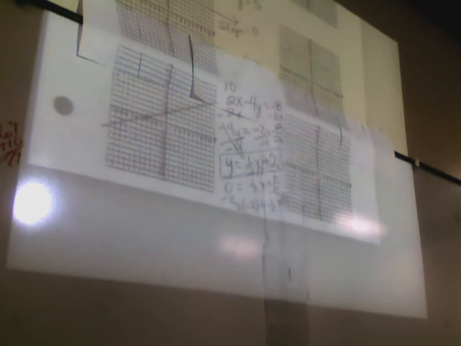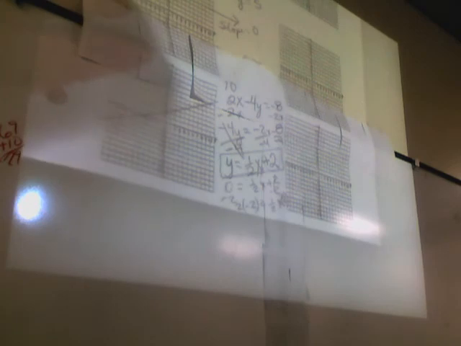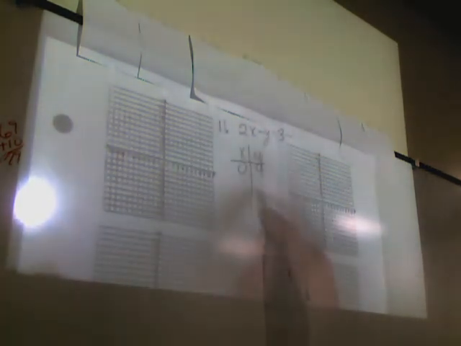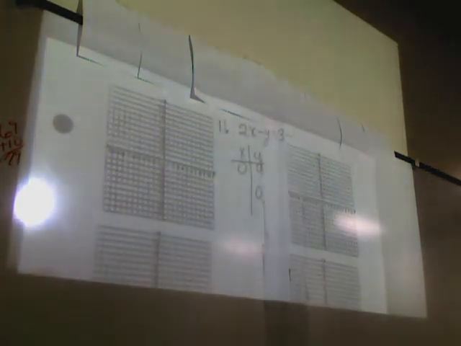On number 11, if we just find the intercepts, this is a way to just do it with just the intercepts: 2x minus y equals 3. We could just replace the x with 0 and the y with 0 and find out where it intercepts.